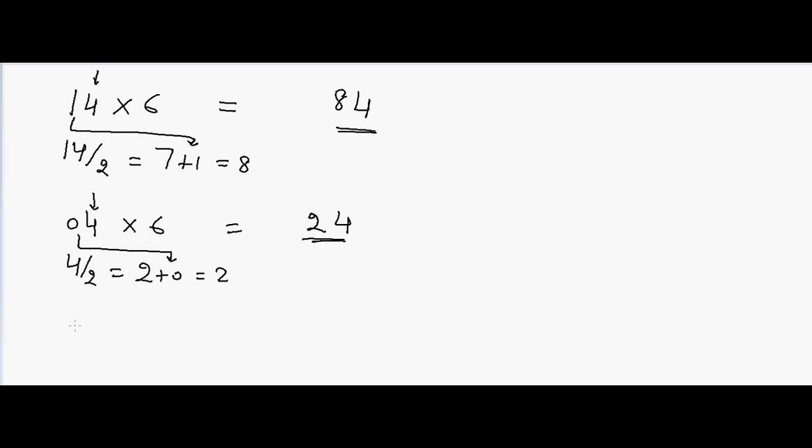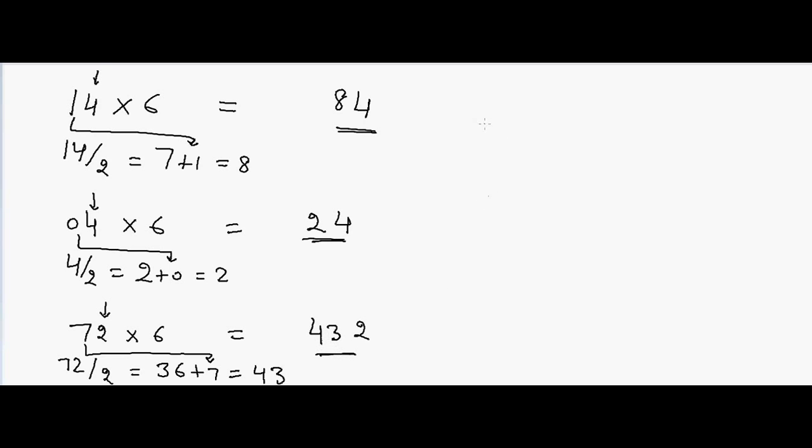If I have to multiply 72 by 6, in that case the last digit is 2, so we'll write a 2 here, and then half of 72, so 72 divided by 2 is equal to 36, and then we'll add the first digit, so 36 plus 7 is equal to 43, so the answer will be 432.